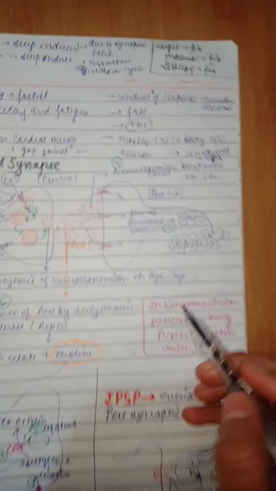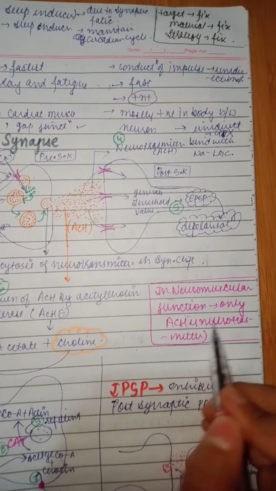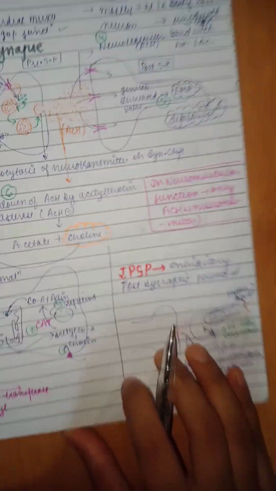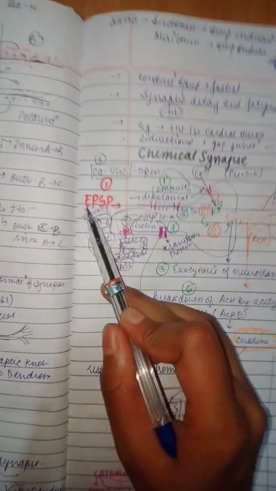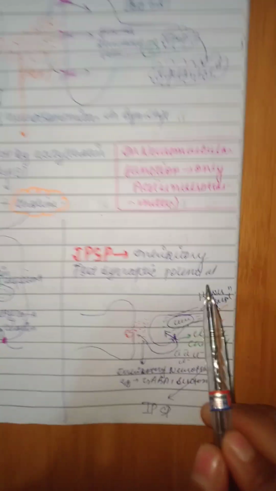Here is a point: in the neuromuscular junction, ACh is the only neurotransmitter we use. This was about the excitatory postsynaptic potential. Let's talk about the inhibitory postsynaptic potential.